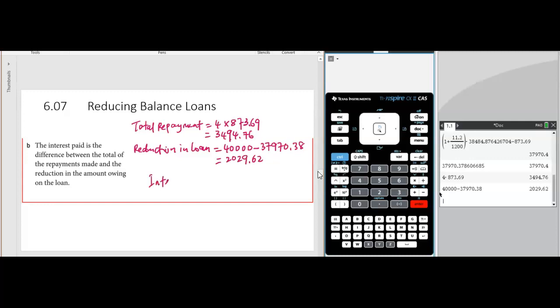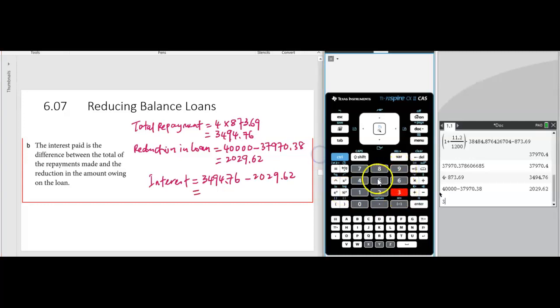So how much is the interest? Now, every time your loan payment is being used for paying the loan, a part of it is actually for the interest. So in this case, you have total repayment 3494.76. A part of it is to pay the loan, and the remaining will be for the interest.